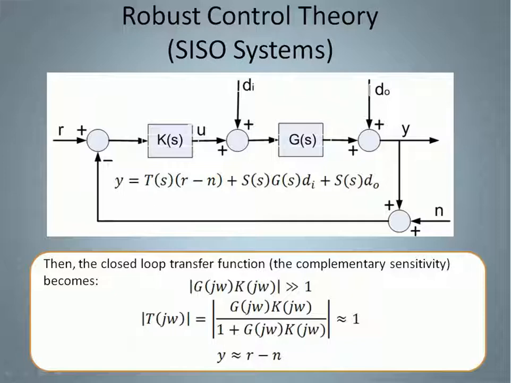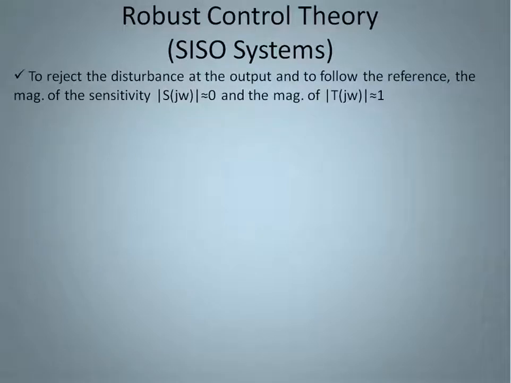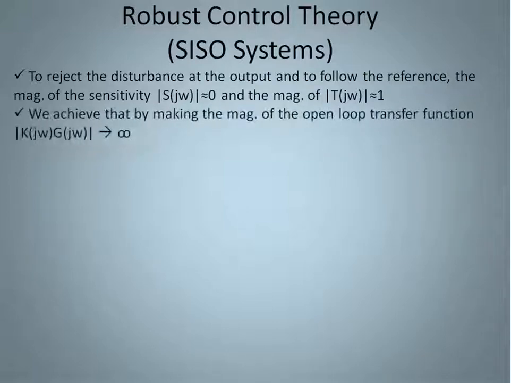Let's summarize what we have obtained so far. To reject the disturbance at the output and to follow the reference, the magnitude of the sensitivity has to be close to 0, and the magnitude of the complementary sensitivity will be then very close to 1. We achieve that by making the magnitude of the open loop transfer function very large.